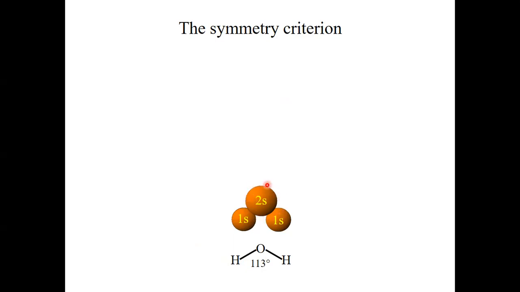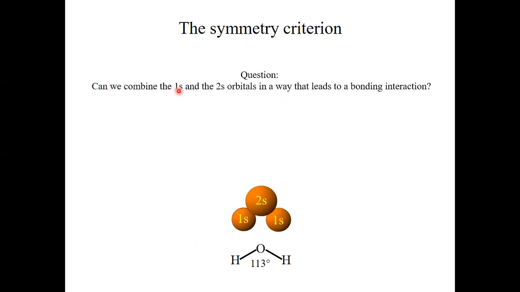So the oxygen atom also has a 2s orbital, and now we can see that we very easily can create constructive interference because a 2s orbital can overlap with the 1s orbitals simply when we choose the algebraic sign of the three orbitals to be the same.